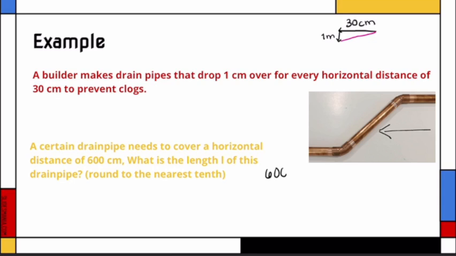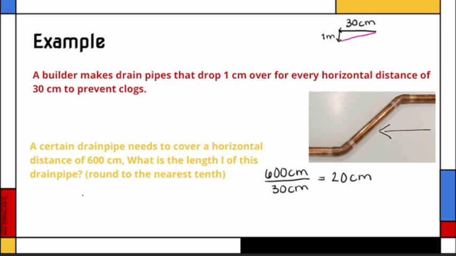We know it's going to drop 1 centimeter for every 30 centimeters, so I'm going to divide 600 centimeters by 30 centimeters to figure out how far it's going to drop. When you do 600 divided by 30, you get 20 centimeters.